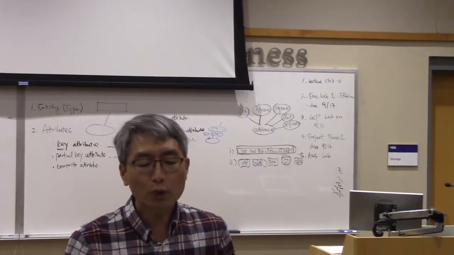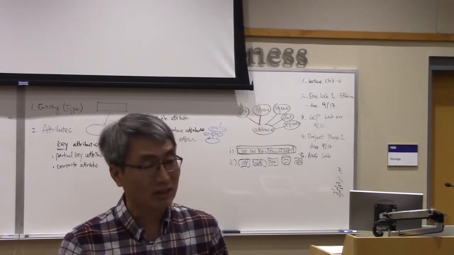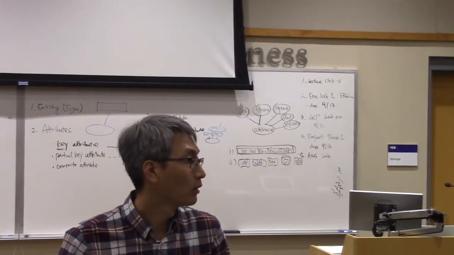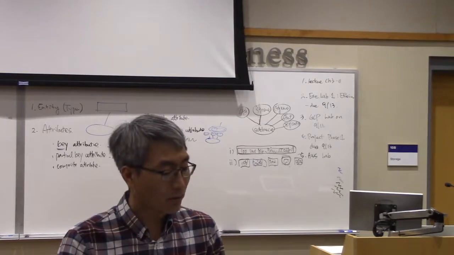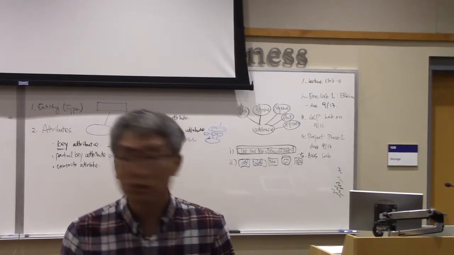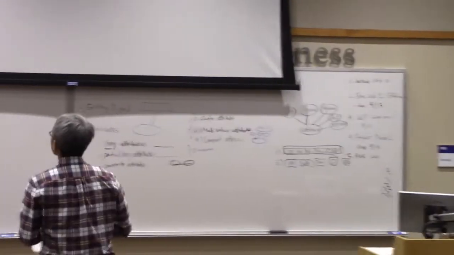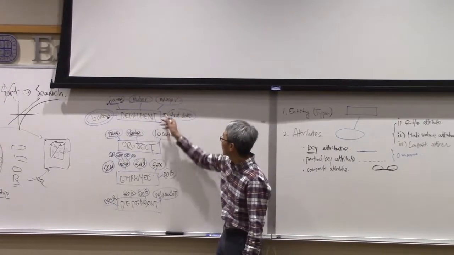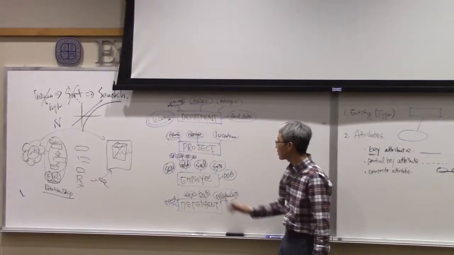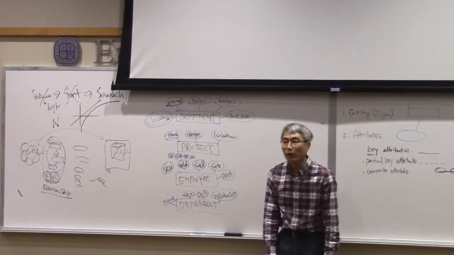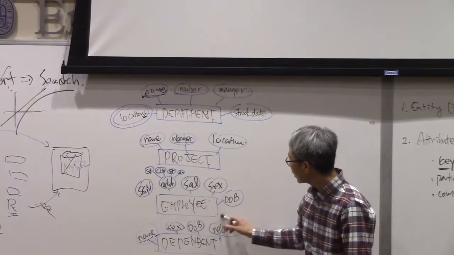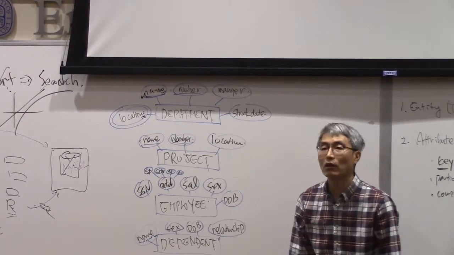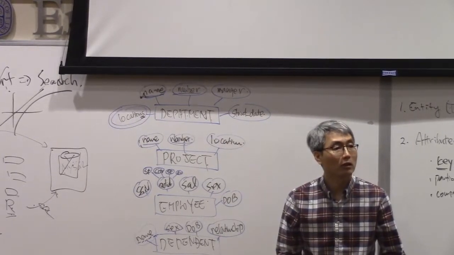An employee who manages the department. The department is specified. So one employee manages the department, so we have information about the manager. But actually this manager is also an employee. Using the employee information, we cannot find the manager information.